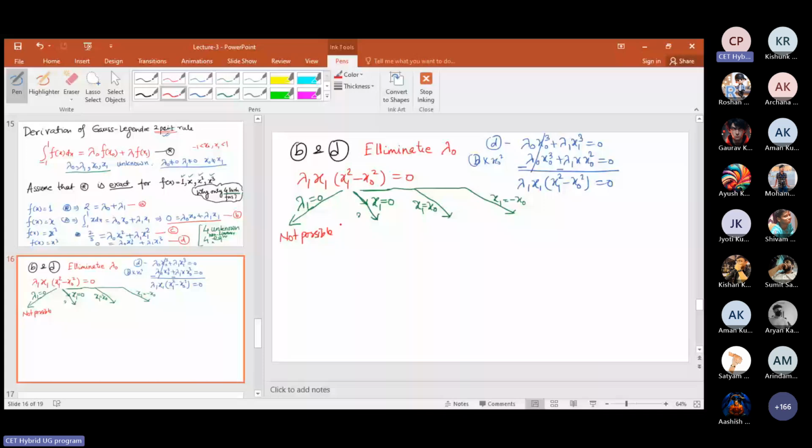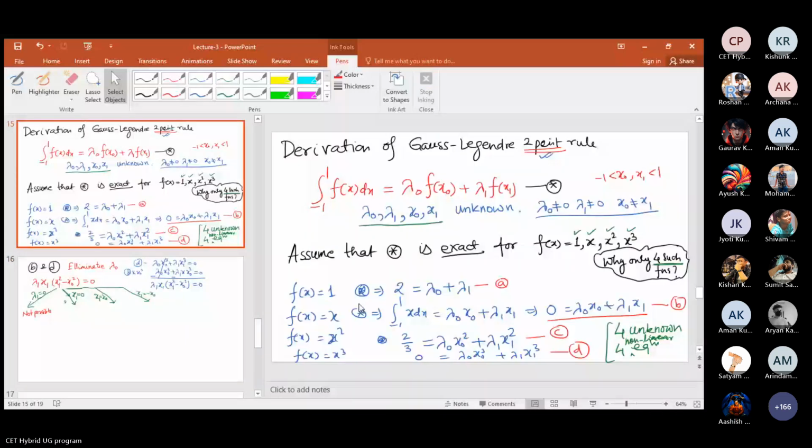सपोज इफ x1 इज इक्वल टू 0, तो अगर x1 हमारा 0 हो जाएगा तो b इक्वेशन में देखो क्या होगा, लैम्डा 1 x1 हमारा 0 हो गया. तो इससे यहां से क्या मिलेगा, b इक्वेशन से lambda 0 x0 is equals to 0.